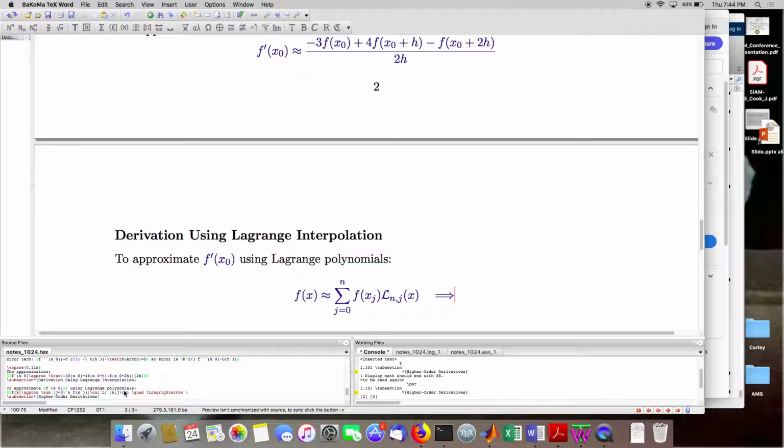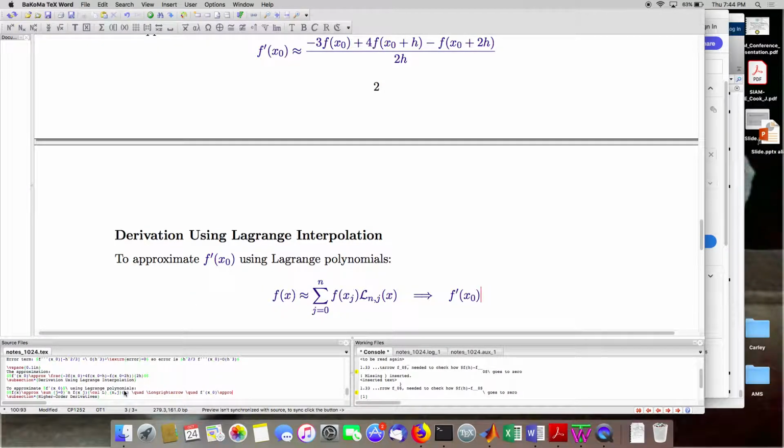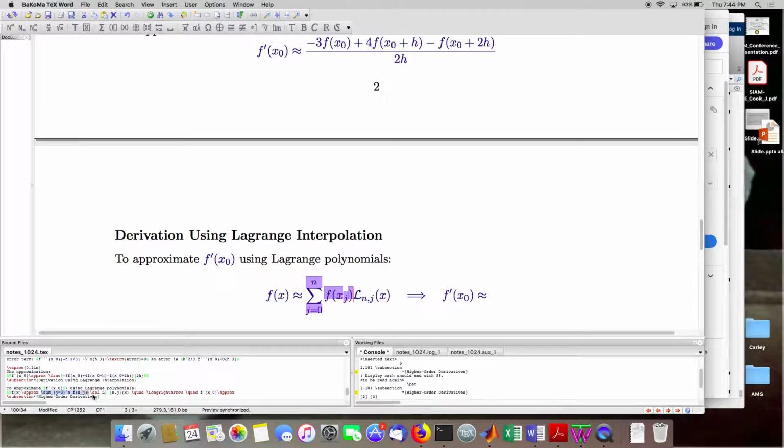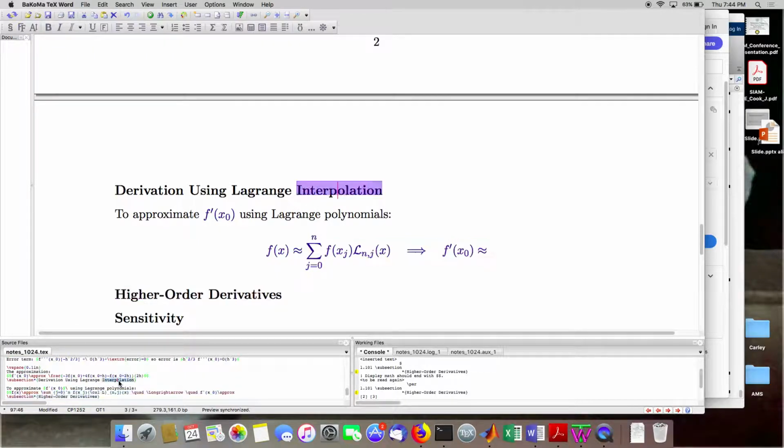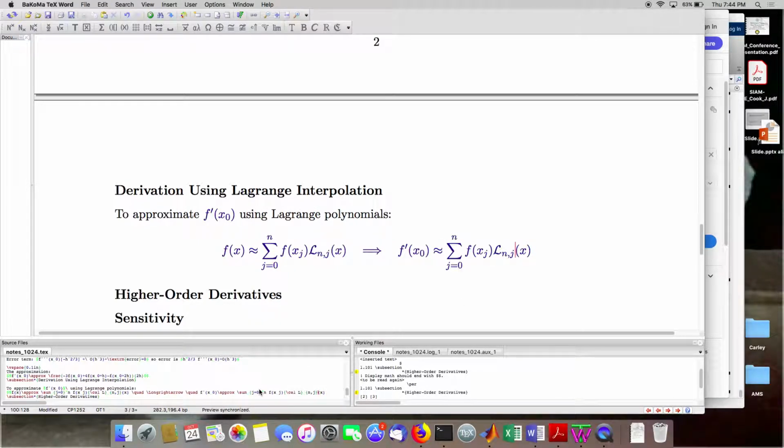So if I keep that in mind, then f prime of x naught is approximately the same sum, where I will take the derivative of the Lagrange polynomial and evaluate it at x naught.